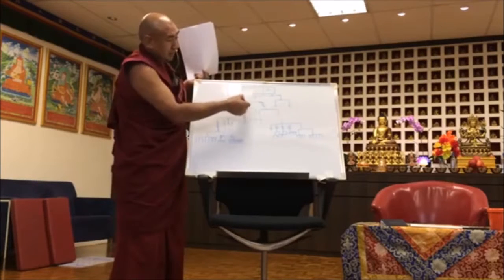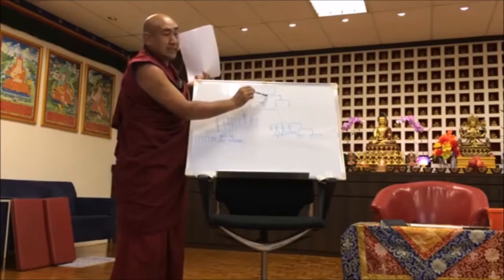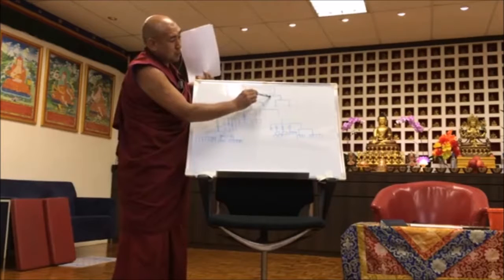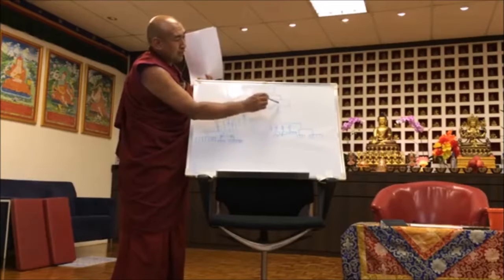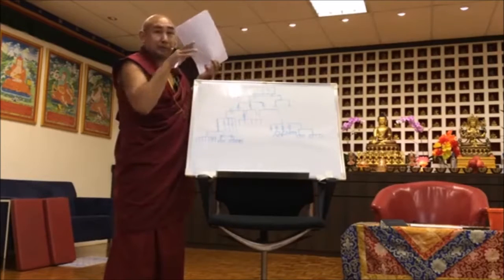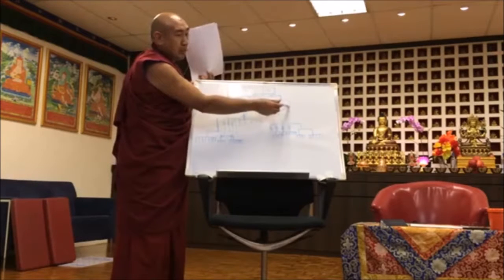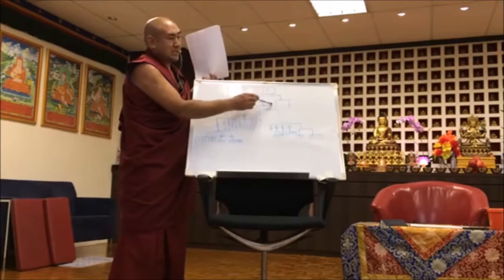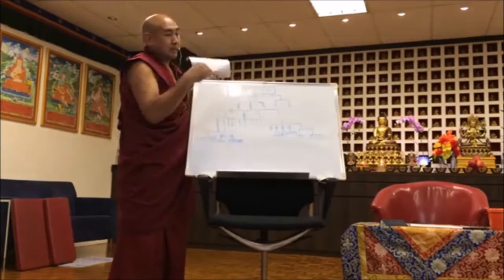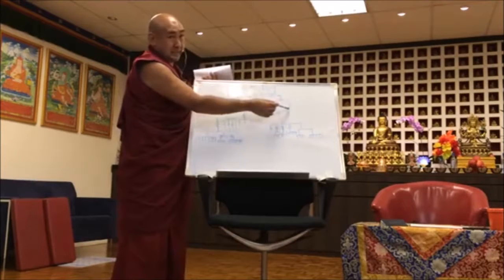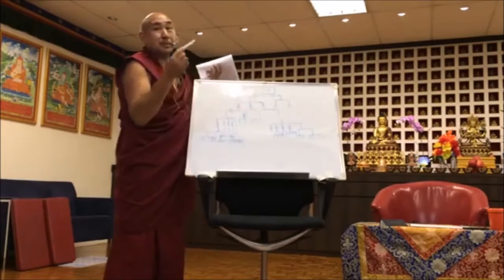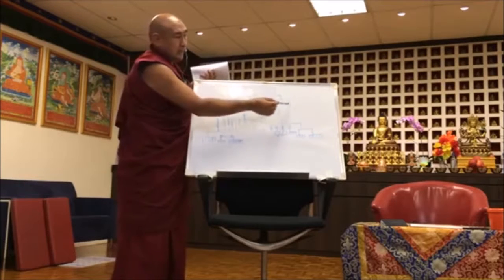So this side is the impermanent side, that side is the permanent side. It's number two. It means in the permanent there are two groups, right? Permanent we can divide into two groups. Always, everywhere permanent, and sometimes, somewhere permanent. For example, I gave you the example of space, emptiness, permanent everywhere, every time.